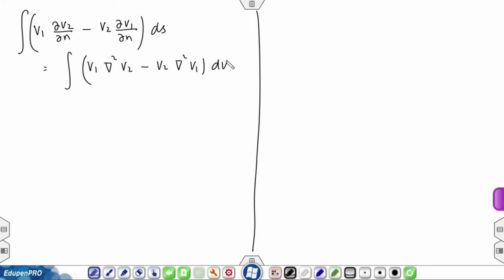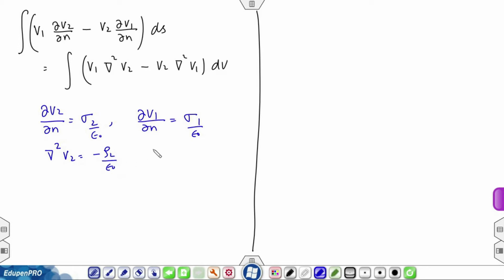And we have just written that dV2 by dn is equal to sigma 2 over epsilon 0, dV1 by dn is equal to sigma 1 over epsilon 0, del square V2 is equal to minus rho 2 over epsilon 0, del square V1 is equal to minus rho 1 over epsilon 0.